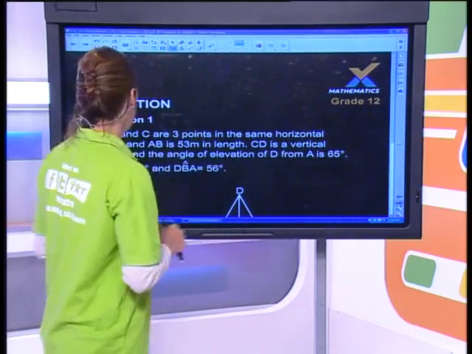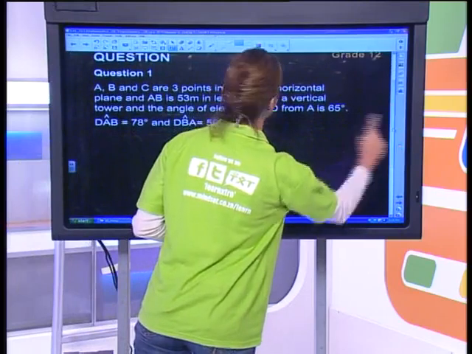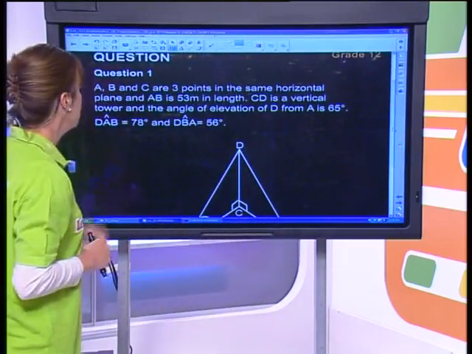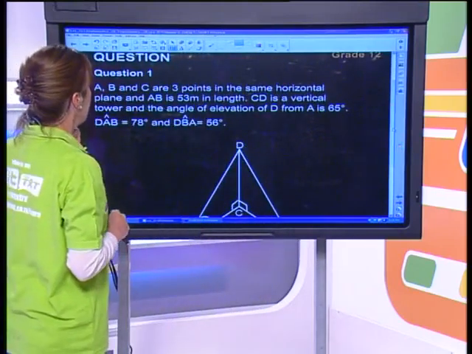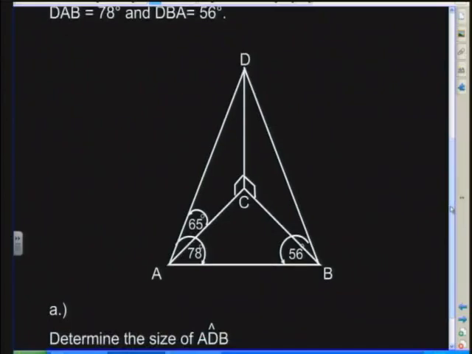Okay, so let's take a careful read through the first question and let's see what we're going to do with it. All right, we've got point A, B, and C, which are 3 points on the same horizontal plane, and AB is 53 meters in length. So point A, B, and C are 3 points on the same horizontal plane.